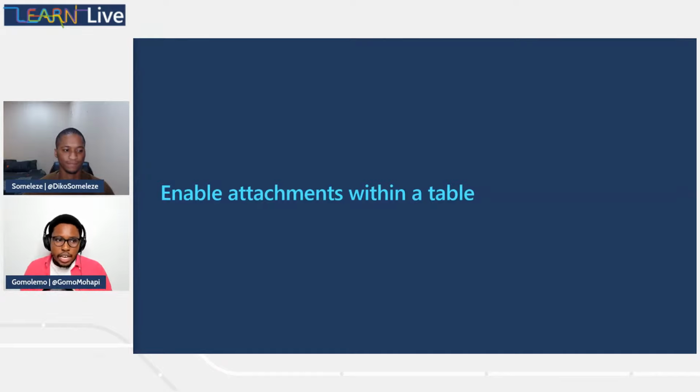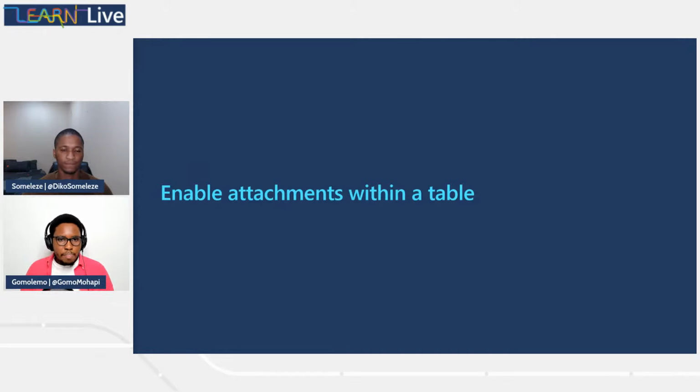One of these is to enable attachments. You might want to allow users the ability to upload files and save those files within any row in that table. Dataverse tables allow users to add an attachment by turning on that property when you're creating a table.